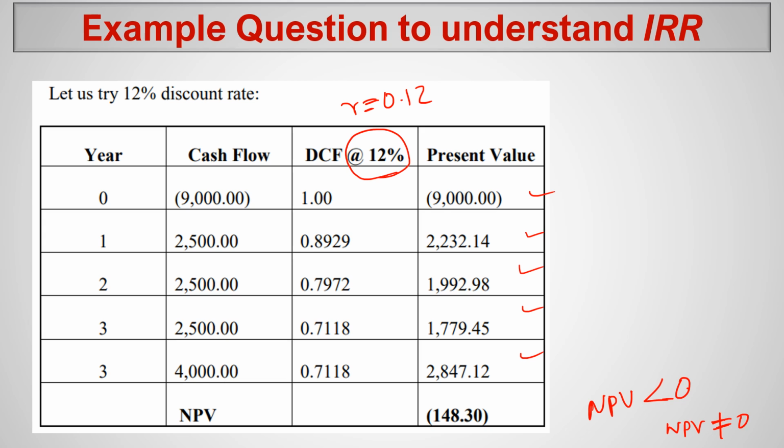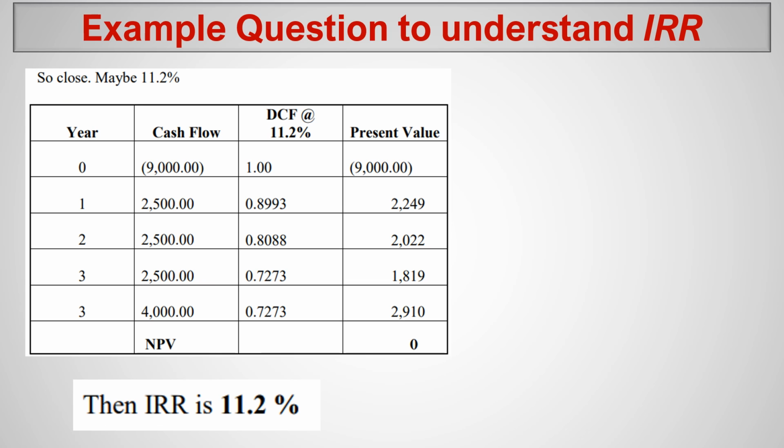So now we understand the discount rate should be between 10 and 12, because earlier when we put 10 it became positive, and at 12 it became negative. So let's assume another value like 11.2. We have to try different values like 11.1, maybe 10.9, because I don't have enough time to explain each and every number.